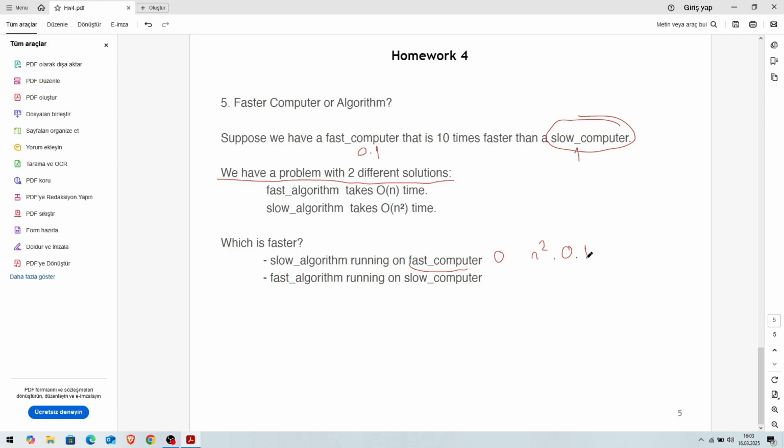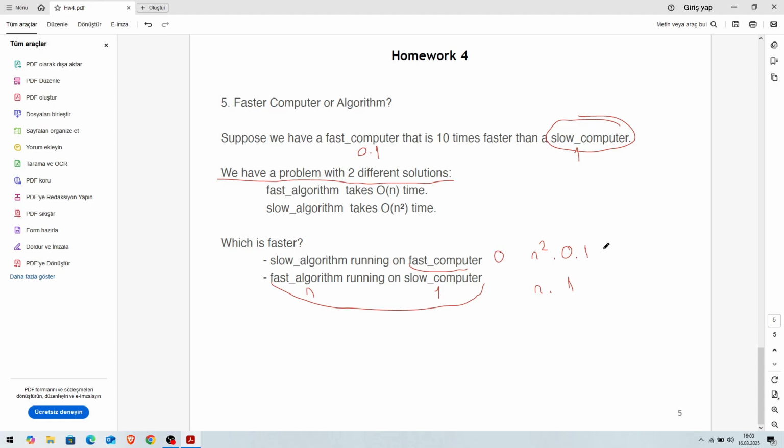And when we have the fast algorithm running on the slow computer, the slow computer's factor is 1, and the fast algorithm has n. So we have n multiplied by 1.